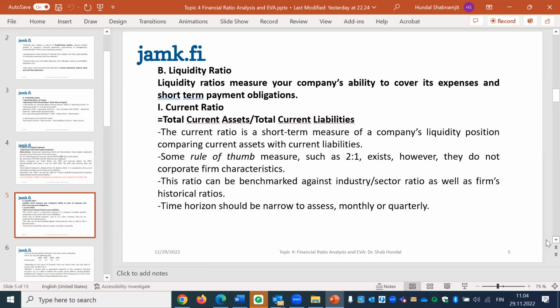I personally have a problem with this. The reason I'm discussing it with you is that I could have simply deleted this sentence, but this 2:1 is mentioned in many textbooks. So I'm making you aware that some people believe in these kinds of benchmarks.